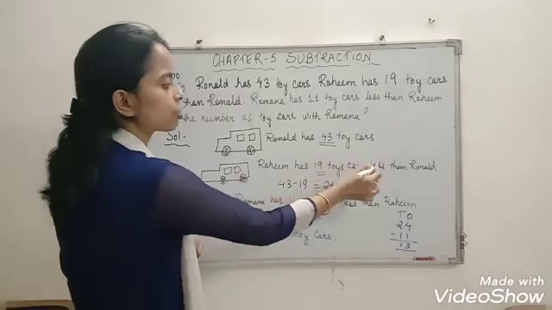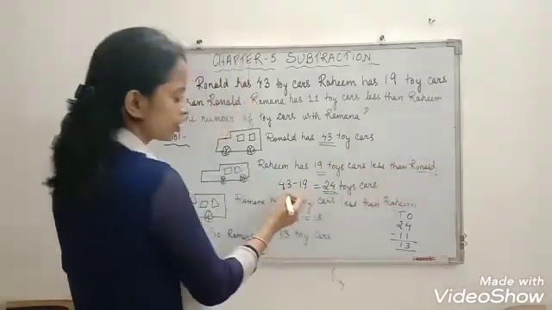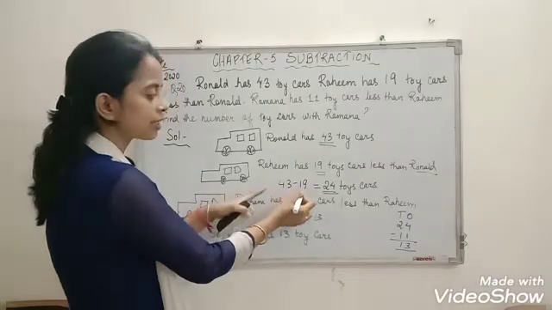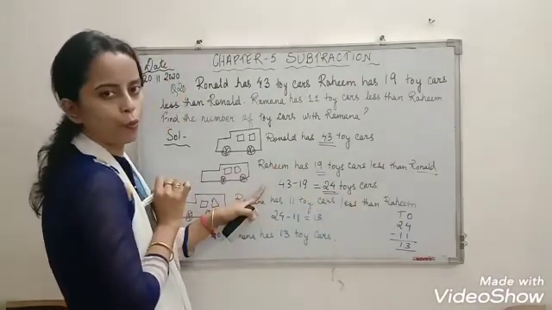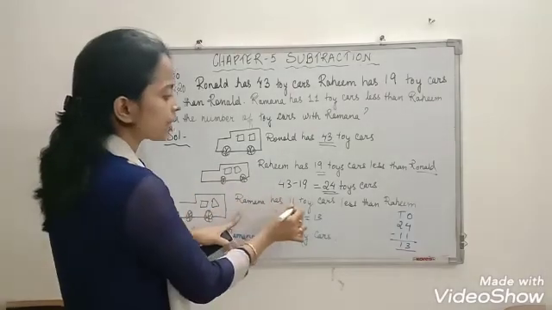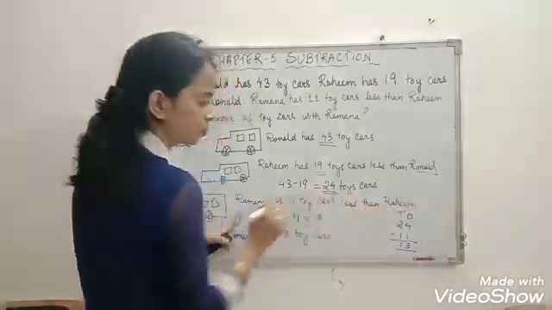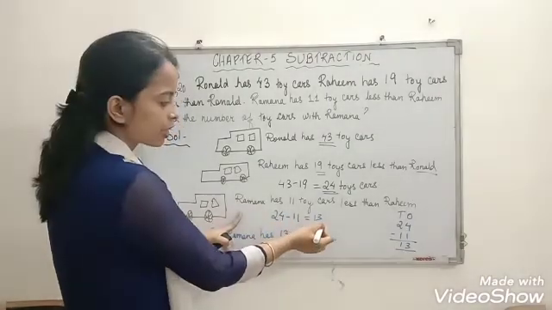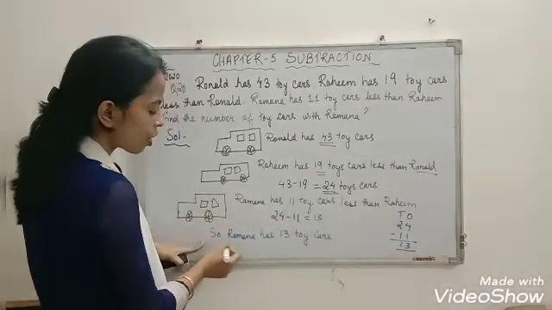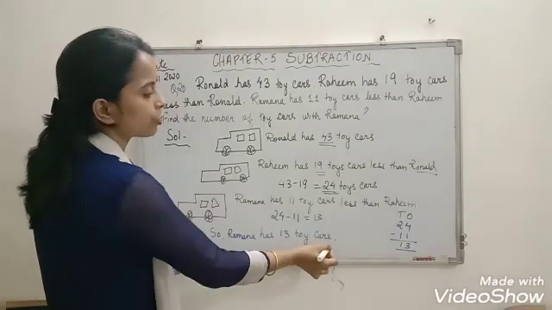Rahim has 19 toy cars less than Ronald. That means 43 minus 19. So Rahim has how many toy cars? 24. Ramana has 11 toy cars less than Rahim. 24 minus 11 equals 13. So Ramana has 13 toy cars.